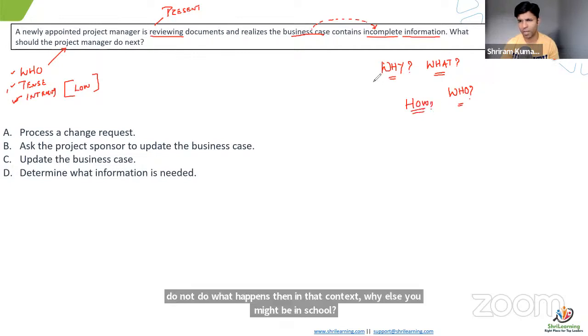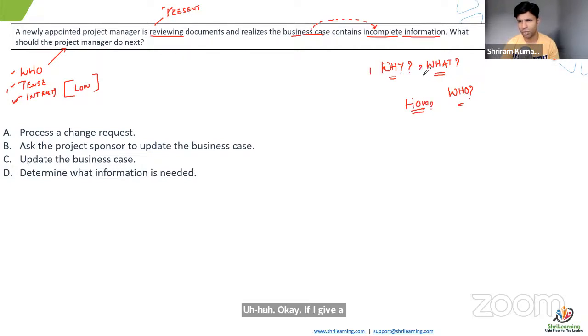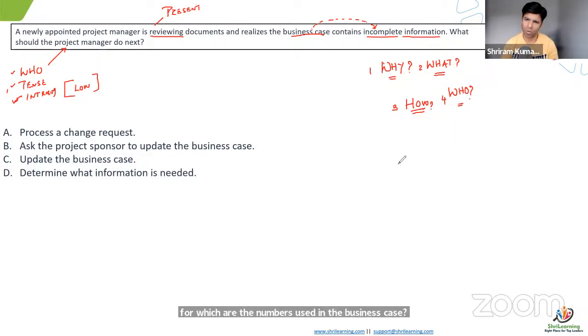If I give numbers, 1, 2, 3, 4, which are the numbers used in the business case? 1, 2. Okay.